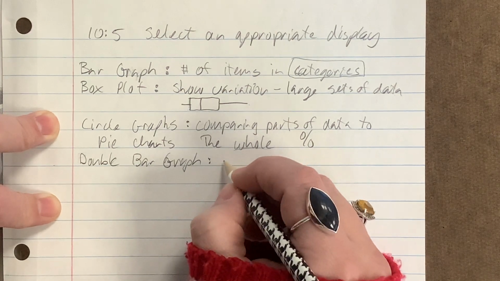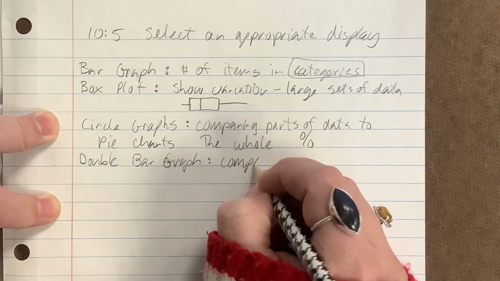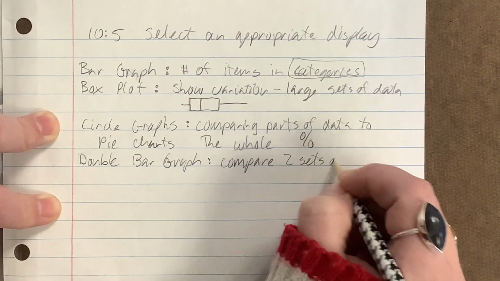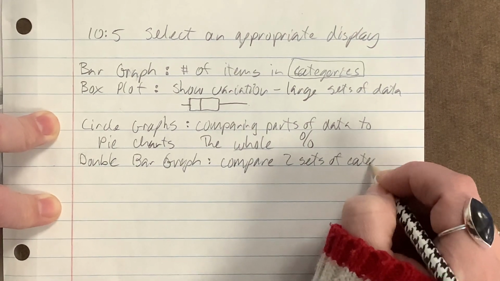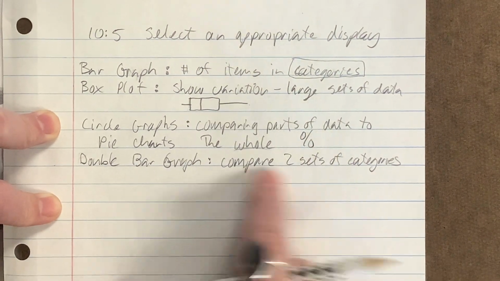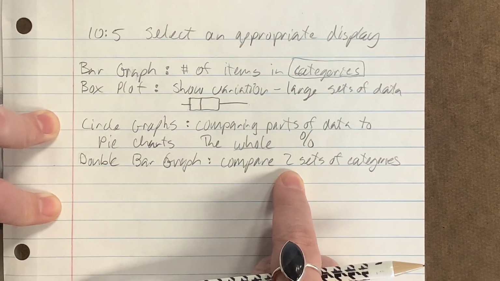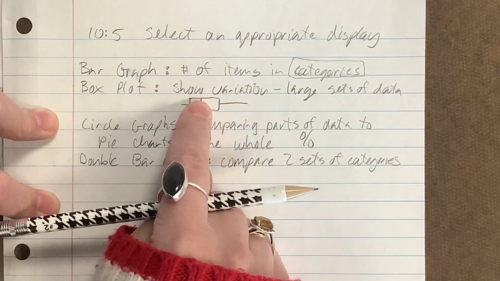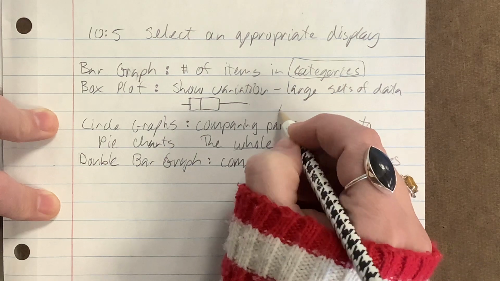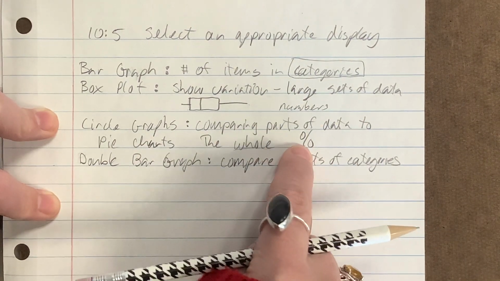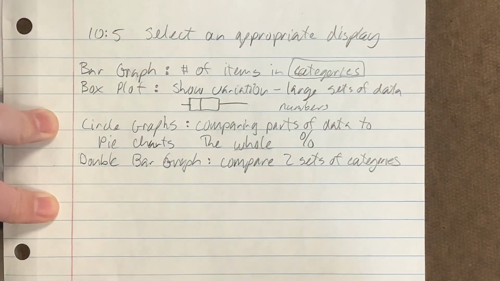So a double bar graph compares two sets of categories. Okay, so again, categories, but this is two sets. So we've got categories, those are nouns. We've got large sets of data, and these are numbers. Okay, circle graphs are percents.